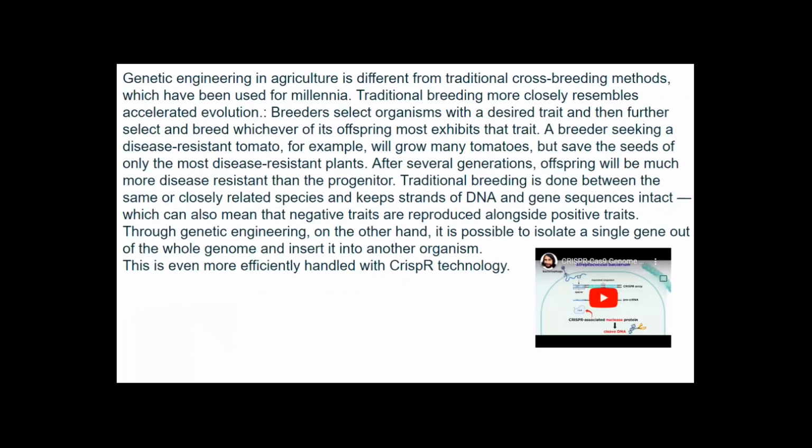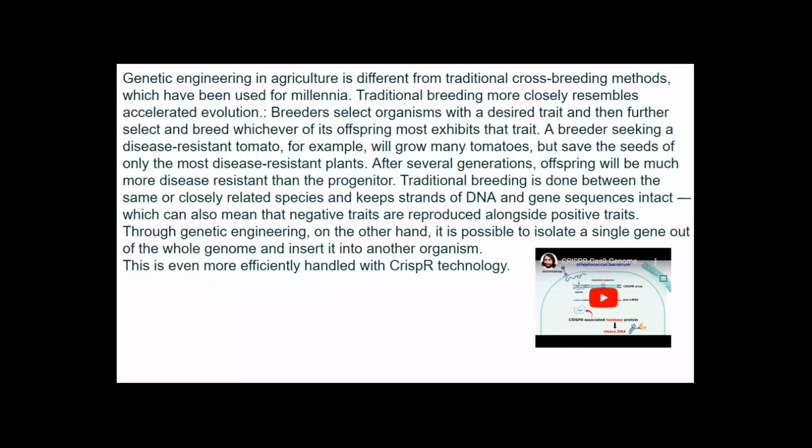And genetic engineering in agriculture is different from traditional crossbreeding methods, which have been used for millennia. Traditional breeding methods more closely resemble accelerated evolution. The natural evolution is called natural selection, and the traditional breeding method is called artificial selection.